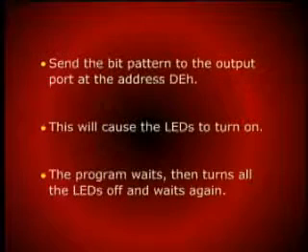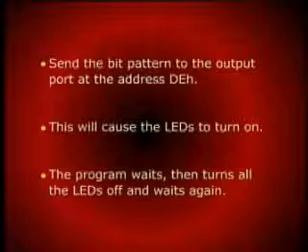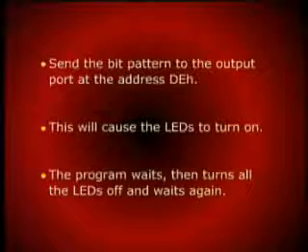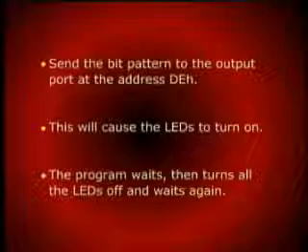The first two instructions read the input port at address 7E and send this bit pattern to the output port at address DE. This will cause the LEDs corresponding to the switches that are set to 1 to be turned on. Next, the program waits for a suitable amount of time and turns all LEDs off.